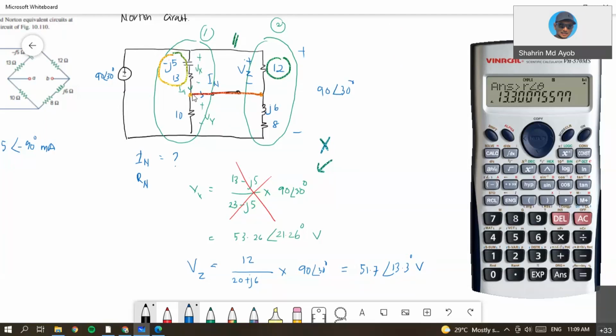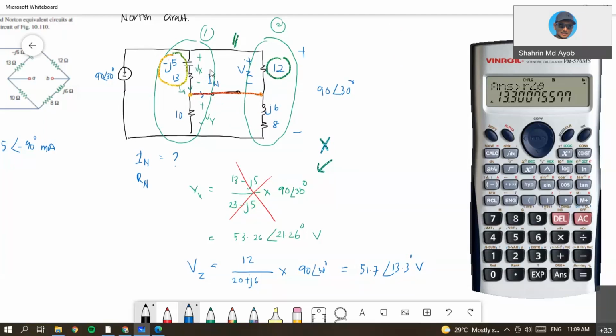I want to show you why we cannot use the voltage division technique here. As you can see, this point and this point are connected because we short-circuited this branch. So right now these elements are parallel with the 12 ohms.